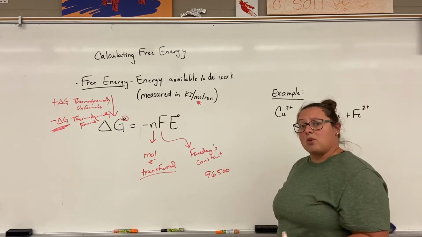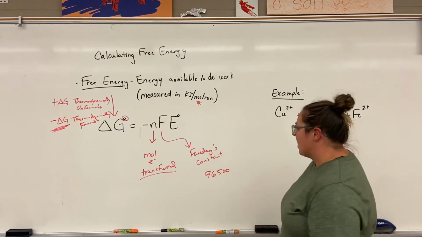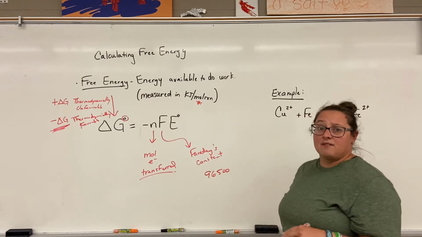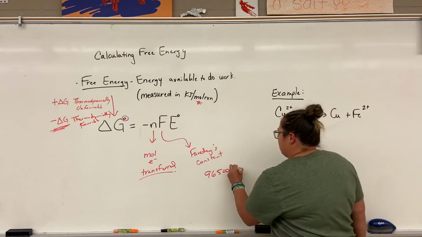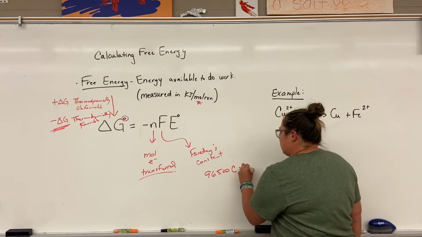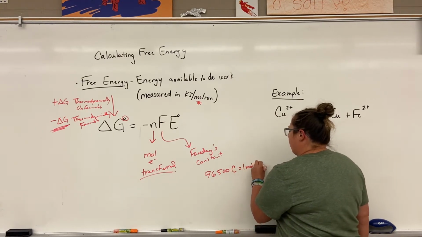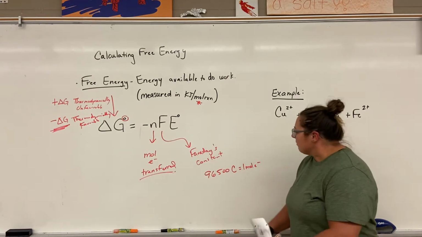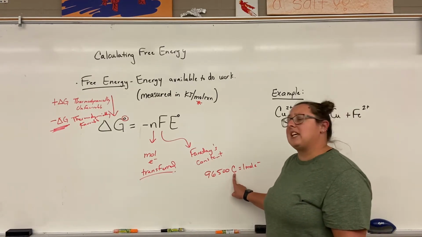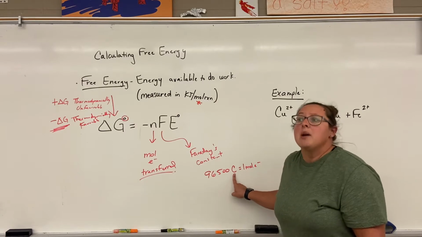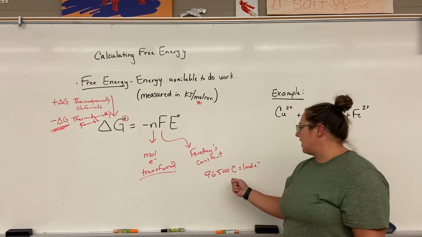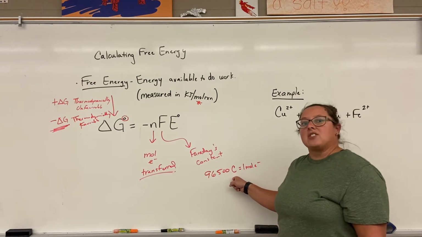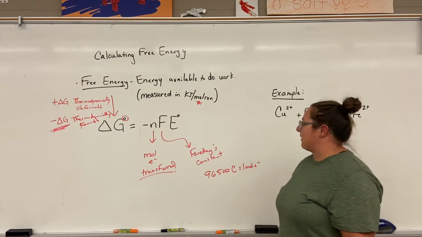Now it's also important to know what that means. So what are the units involved here? That's saying that 96,500 coulombs is equal to 1 mole of electrons. Coulombs is a unit that we give things that are charged. Because we have electrons that are moving in a wire in electrochemistry, we get a charge. And so that is where the coulombs is coming from.